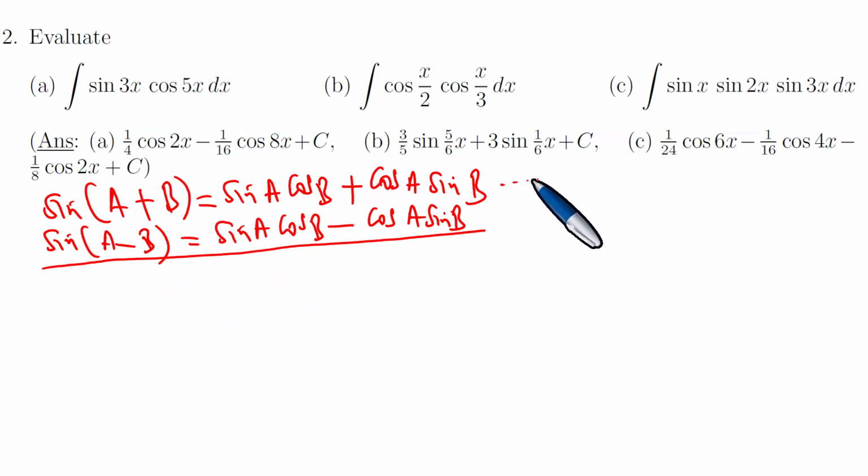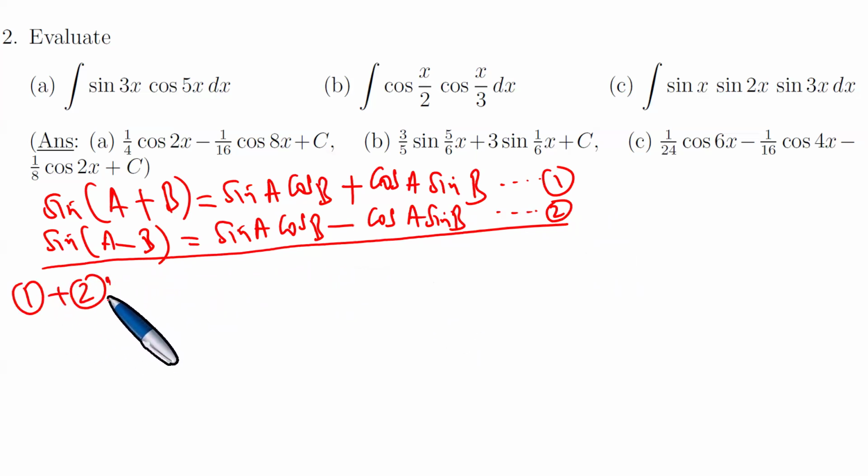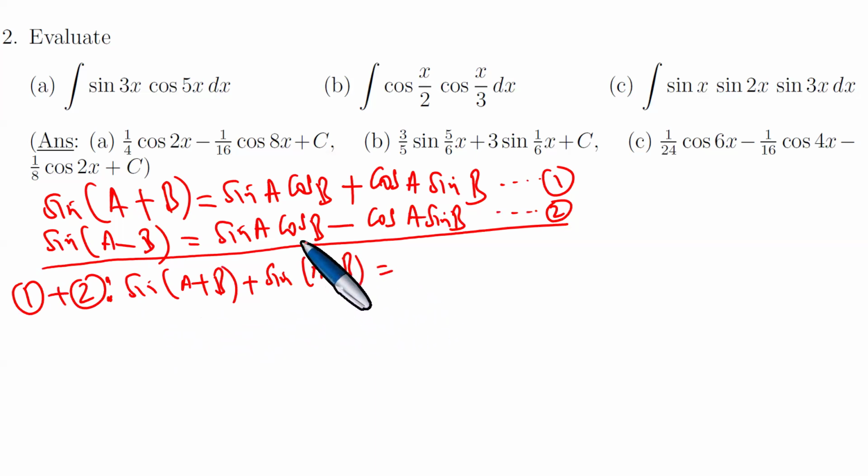Now this is equation 1, equation 2. Add them up. Adding these two equations gives the sine of A plus B plus the sine of A minus B, which is exactly 2 sine A cosine B. I'm just deriving the formula that I'm going to be using here, in particular to do this kind of integral.